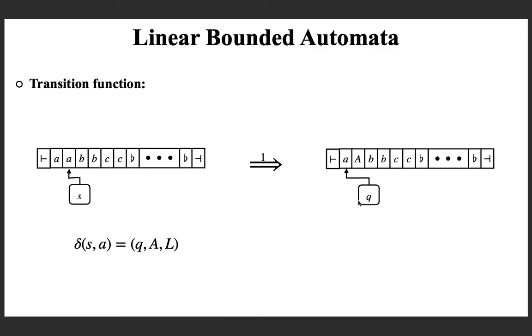So that's it. And more formally, the transition function structure is this: from the current state, for the current input symbol, what is the next state, what symbol is going to replace the current symbol, and whether you are going to move to the left symbol or to the right symbol. So that is the transition function definition.